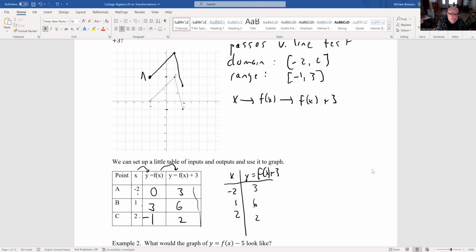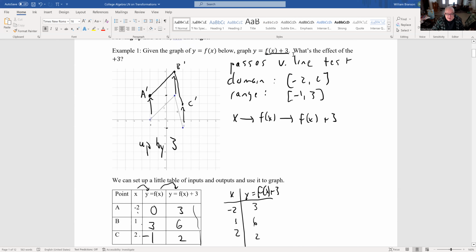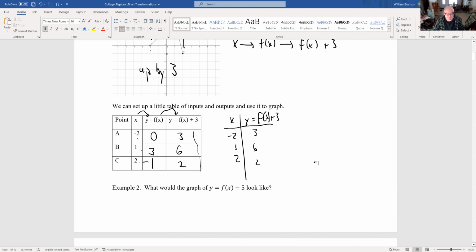If we call this point A prime, this point B prime, and this point C prime, the points have just moved up. So that's the effect of adding a 3 outside of the function: the graph moves up 3 units. And subtracting a 5 would be down 5.